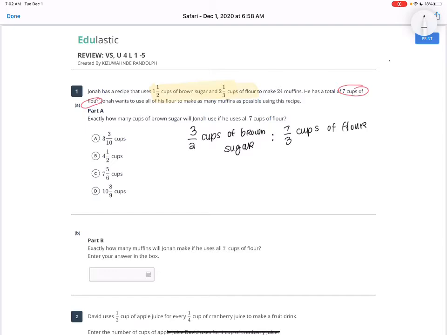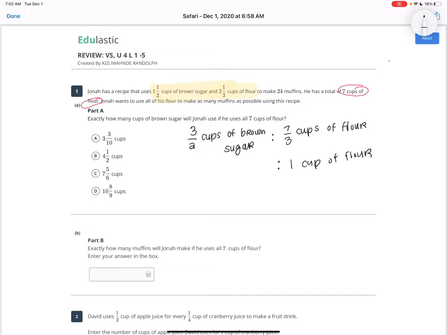And I want to write my ratio like this: 1 cup of flour. You don't have to necessarily use a ratio. You could even use a table. You could use a double number line or whatever. I'm just using a ratio because it's just something that I feel best and most confident in doing. But you guys could use, like I said, double number lines, tables and so on. Okay, so this is for 1 cup of flour.